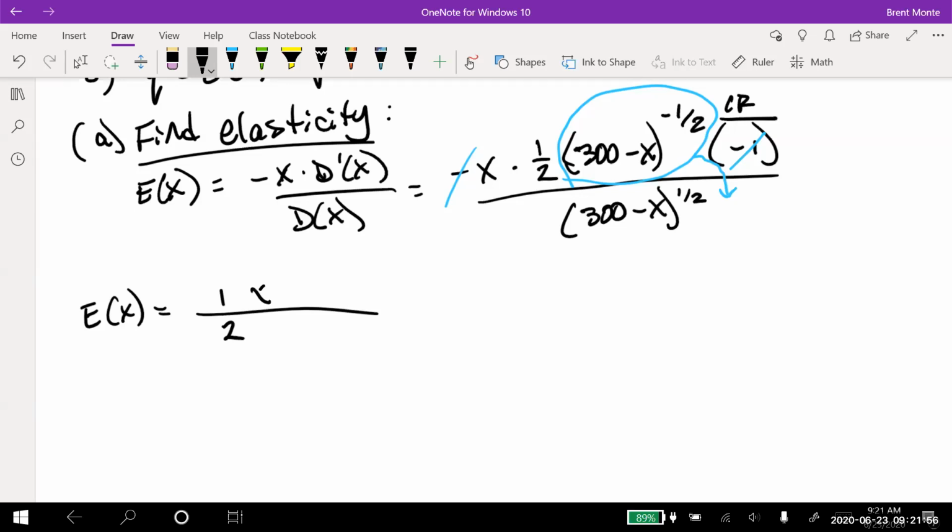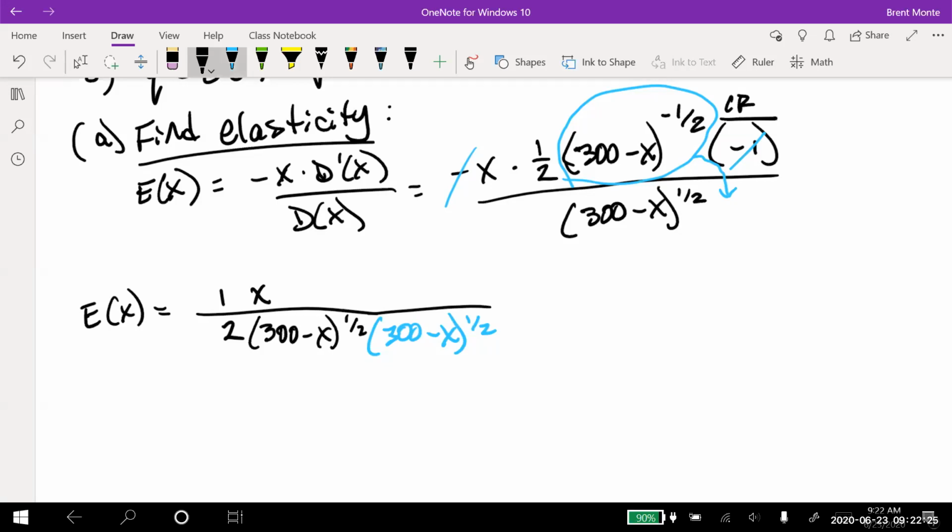We have also got an x. Now, we already had a (300 minus x) to the 1/2. We brought that one that I put in blue down here also, (300 minus x) to the positive 1/2 once it gets down there. And so that's everything that I had.